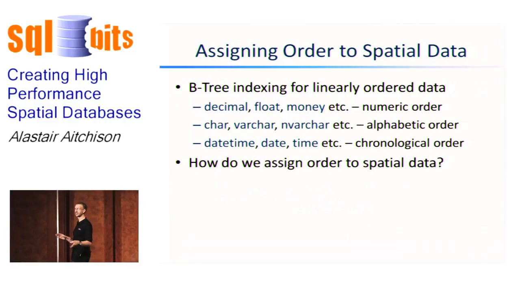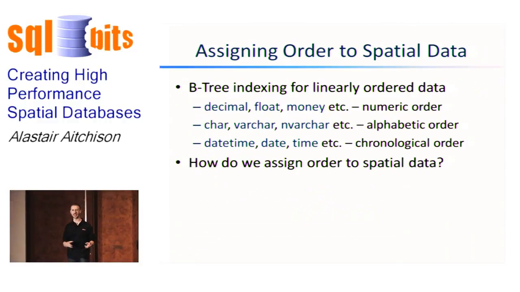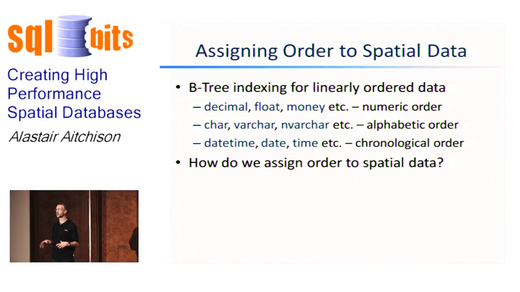Now, spatial indexes, I'll say now, work very differently from pretty much any other sort of index in SQL Server. So any preconceptions you might have about indexes at this point might not apply to spatial indexes. Indexes in SQL Server normally use a B-tree structure, and B-trees work very well when your index can be assigned a logical order.